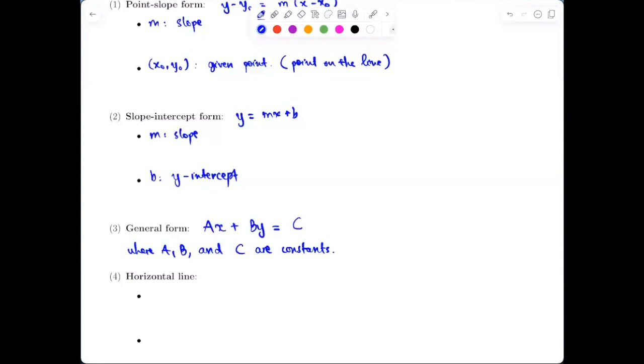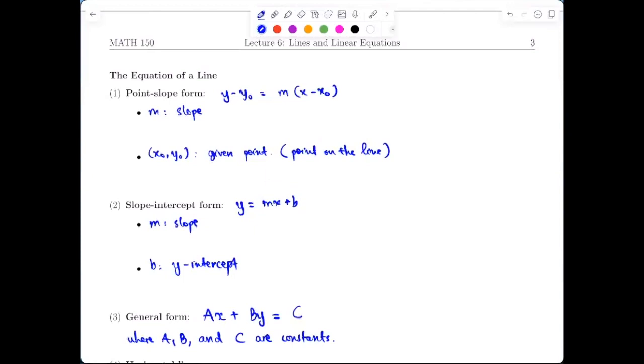You see more of this general form or standard form in the case of systems of equations. Unfortunately, we're not going to cover that in this course. So because of that, most of the time in this course, you will see the point-slope form and the slope-intercept form.